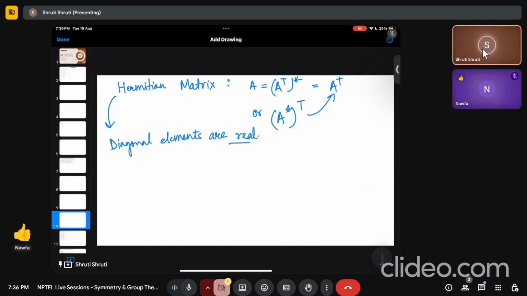So diagonal elements are real. Off diagonal elements can be complex or real.